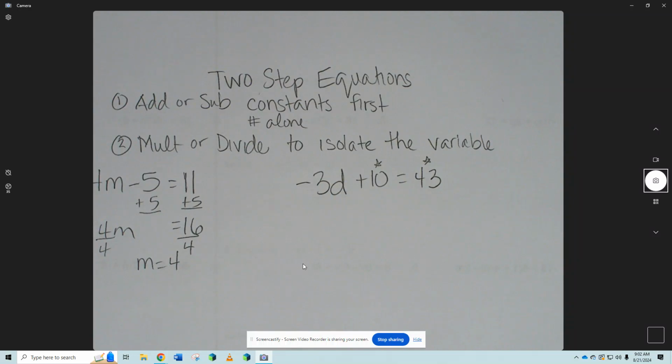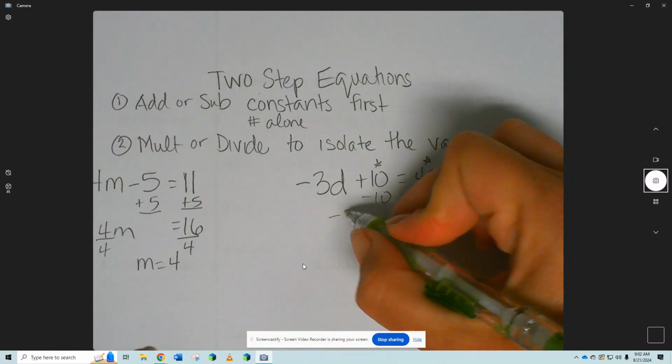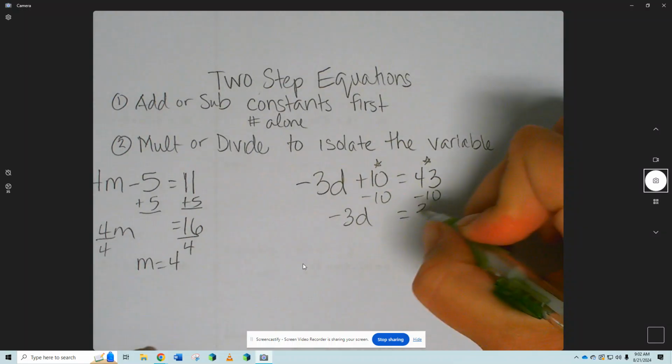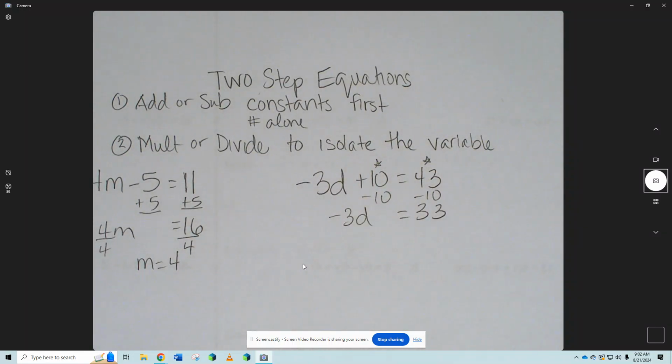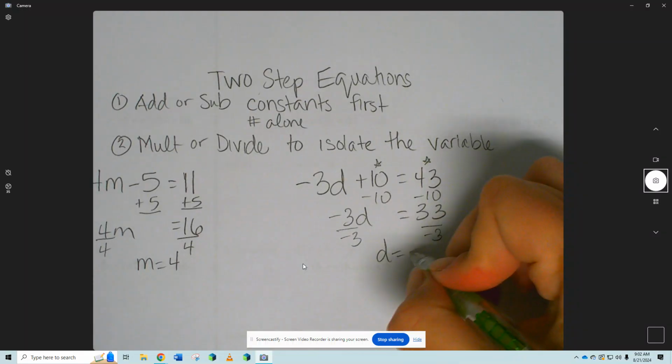Subtract 10 from both sides. Negative 3d equals 33. Divide by negative 3. D equals negative 11.